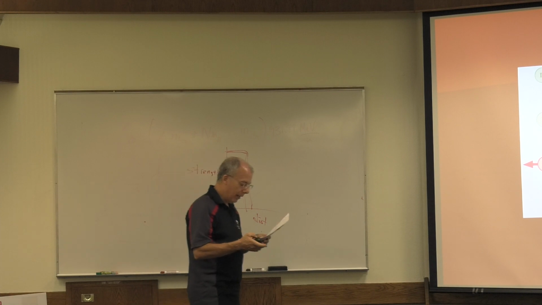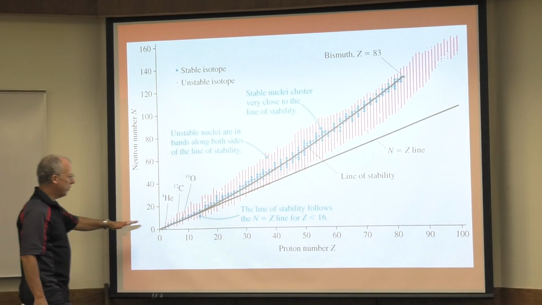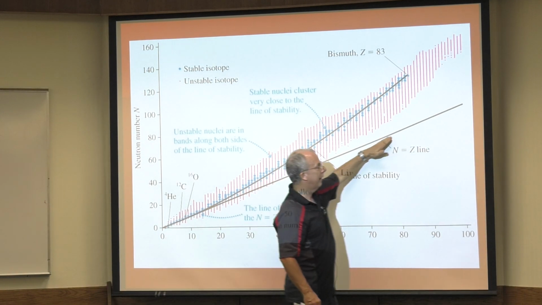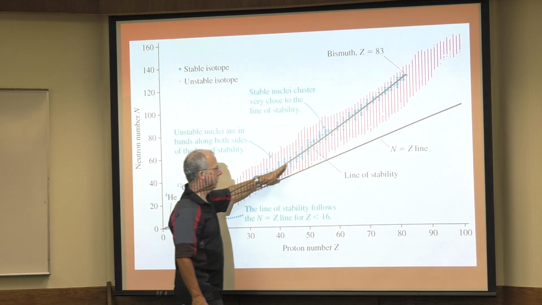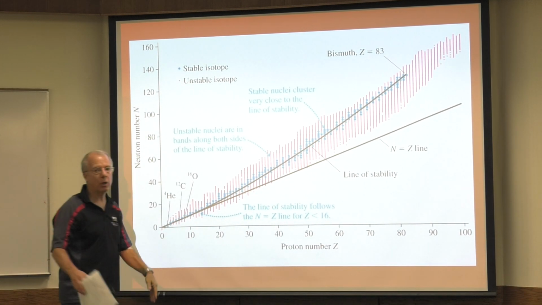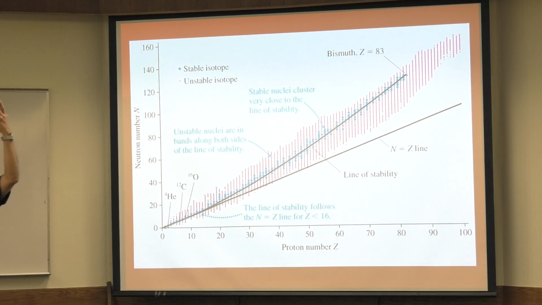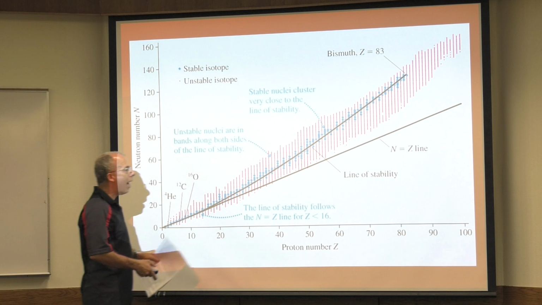All right. Okay, so now we can answer a question. So this is the n equals z line, but this is the data, right? These are the stable nuclei. So the stable nuclei have more neutrons than protons. Well, now you know why. Because the more neutrons, the more what?